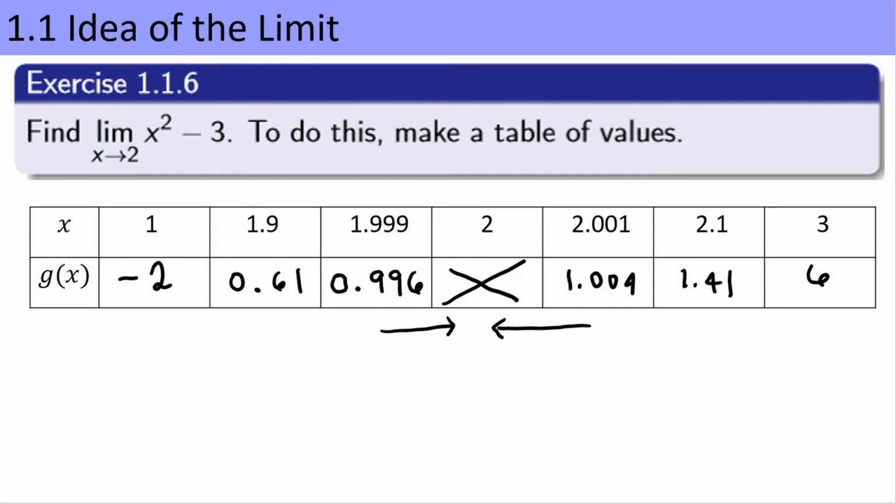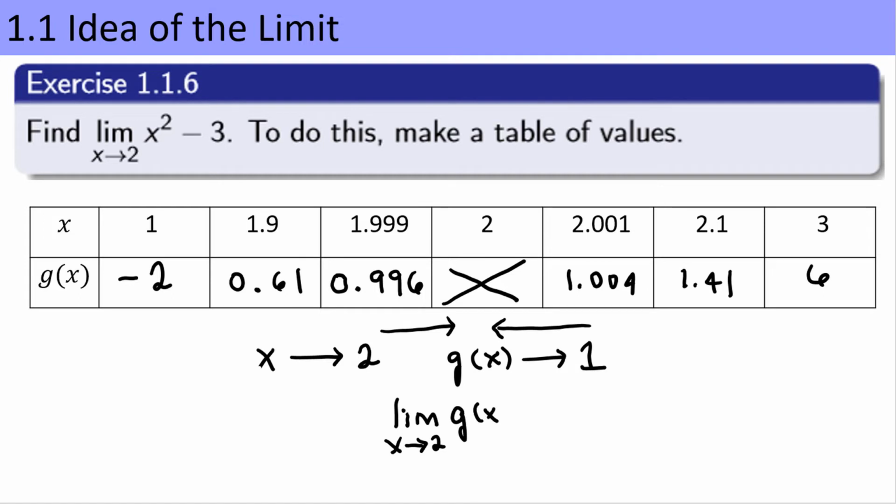So let's observe that as x gets closer and closer to 2, the function, g of x, appears to get closer and closer to 1 from both sides. So using limit notation, write the limit as x arrow 2 of g of x equals the limit value of 1.